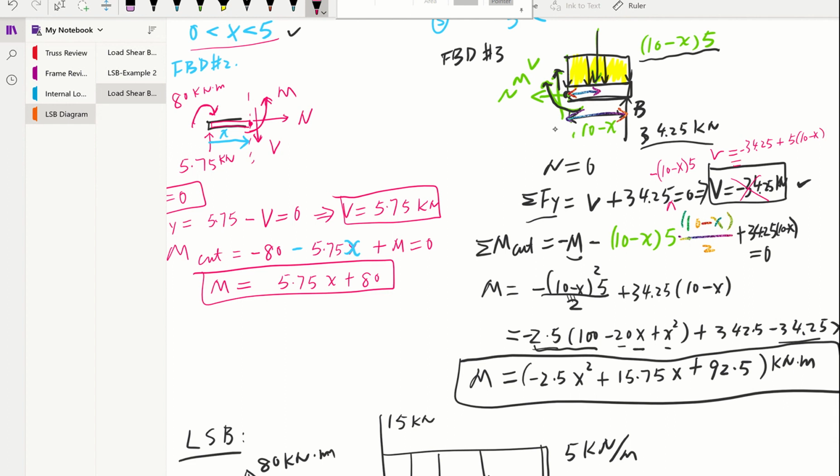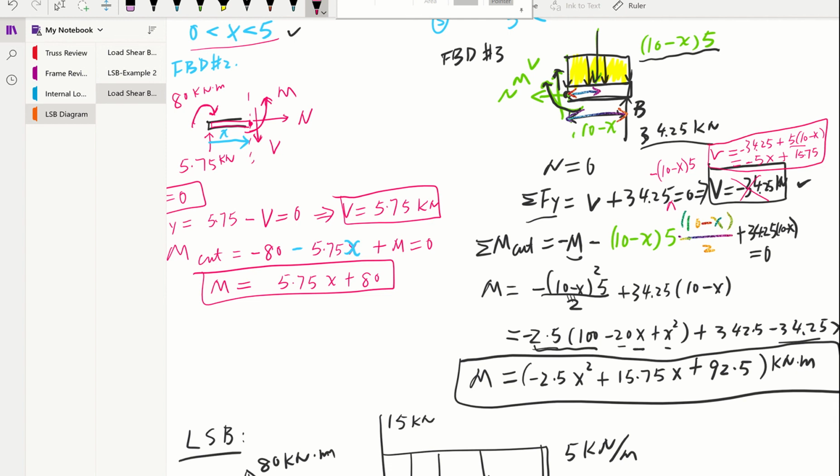So that would be equal to negative 5x. Here is 50 and here is minus 34.25. That will give us 15.75. Okay, so apologize for the mistake.